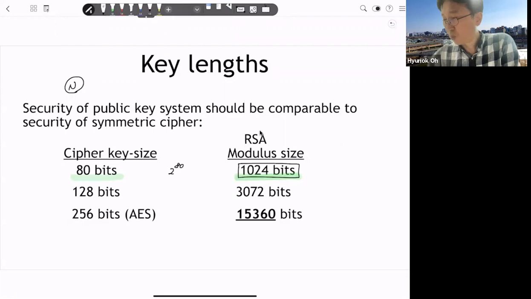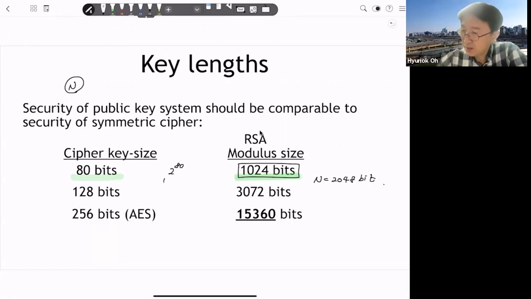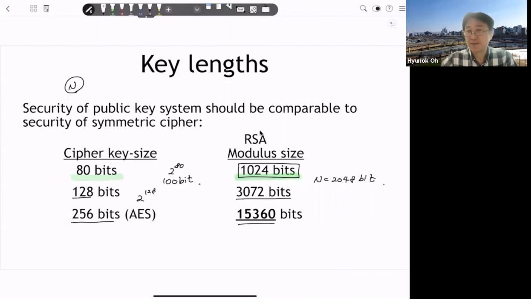Now, what size is generally used? 2048 bits is used. It's like 100-bit security. And with 3000 bits, it provides 128-bit security, which means 2 to the 128 operations. For 256-bit security, a much larger size should be used.